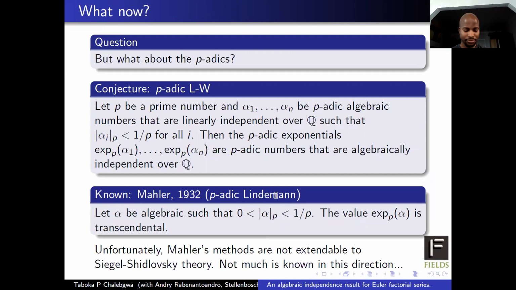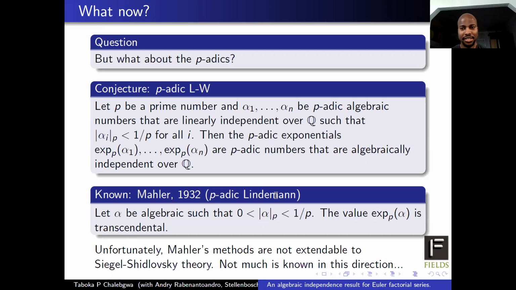That's sort of what we wondered about. And so the p-adic Lindemann-Weierstrass theorem for the exponential function is widely open. There are some nice results by Ambedalu, but it's still open. But at least there's a nice result by Mahler in 1932, where the analog of the Hermite-Lindemann theorem for the p-adic exponential is proved.